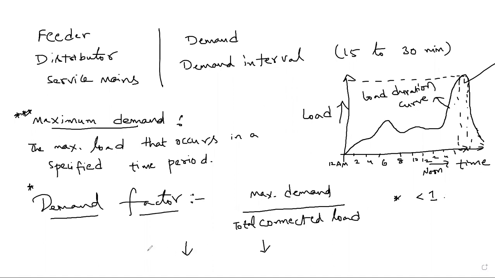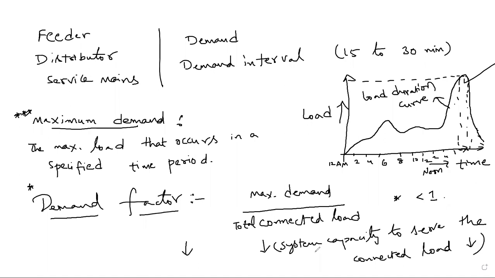So the lower the demand factor, the less the system capacity to serve the connected load.